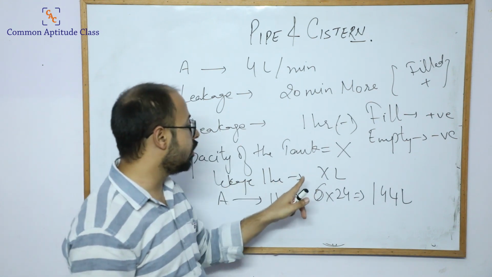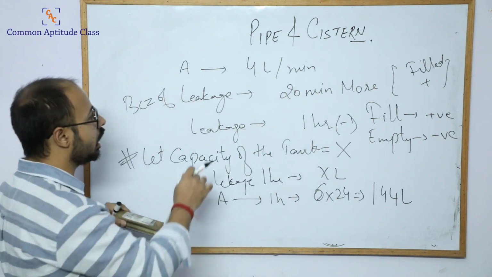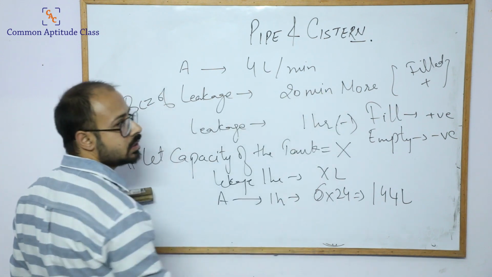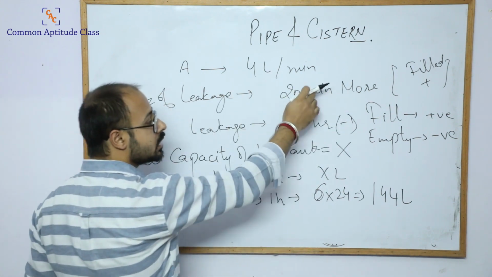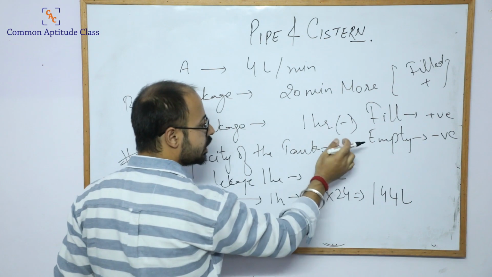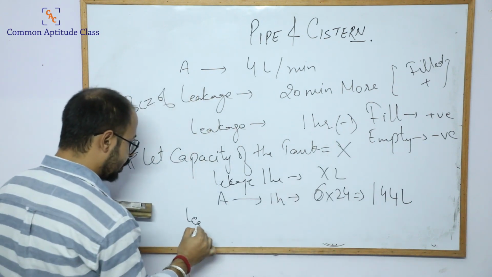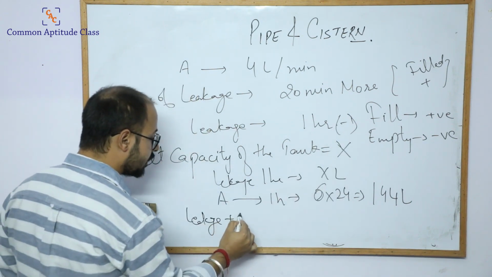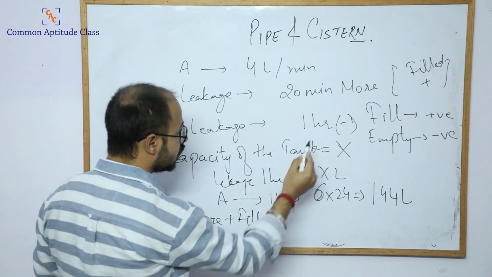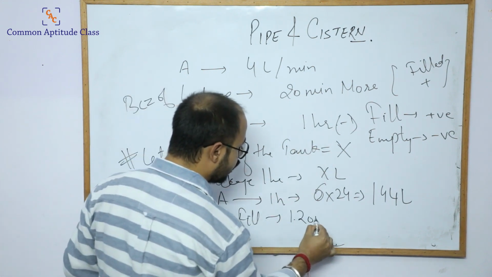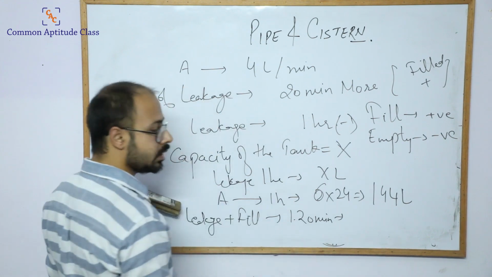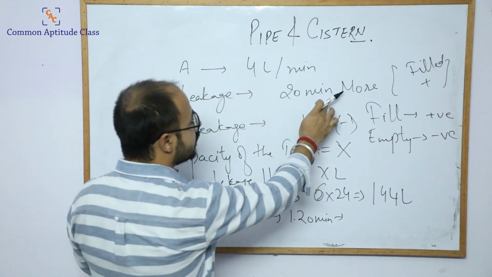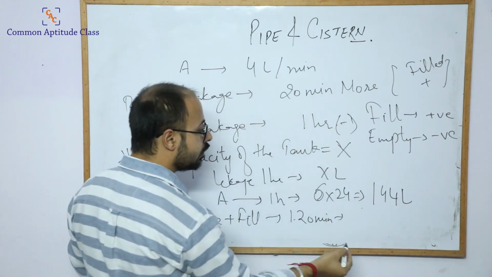Leakage removes X liters in 1 hour, and because of the leakage, what time have they taken? 1 hour 20 minutes. So leakage plus filling took 1 hour 20 minutes. So what is the capacity in 1 hour?